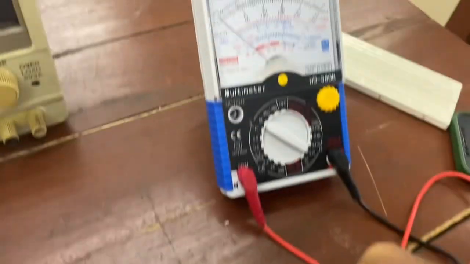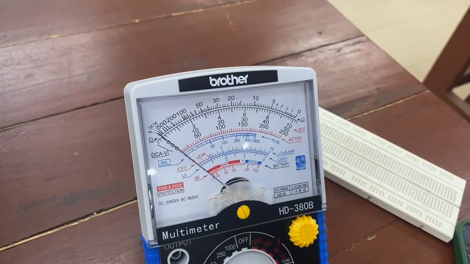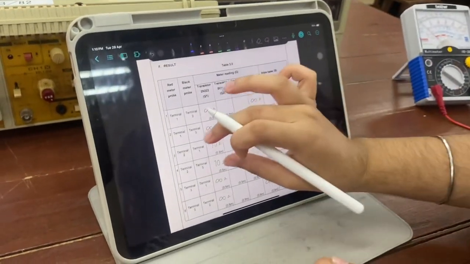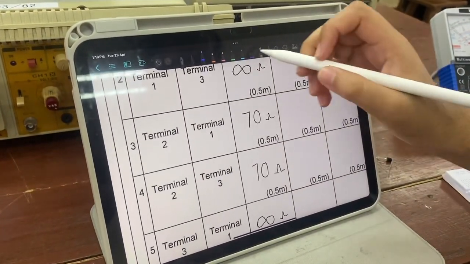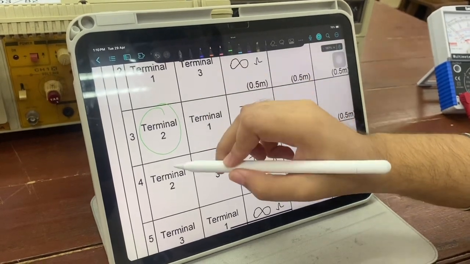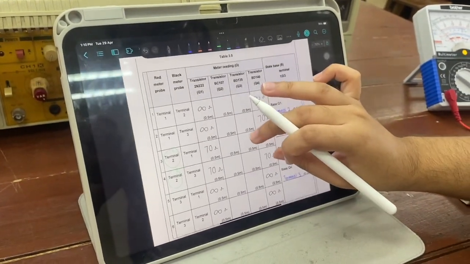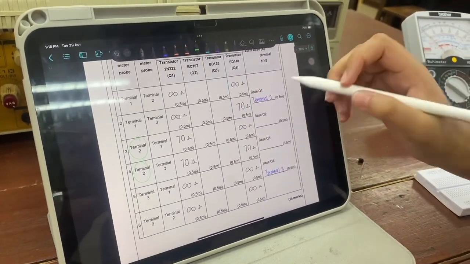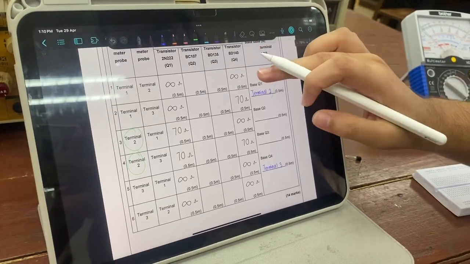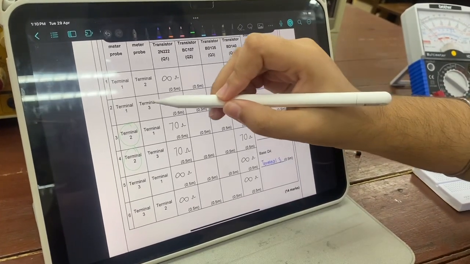The thin base allows most of these electrons to be swept into the collector, creating a large collector-to-emitter current. The current directions are: IE flows out of the emitter, IB flows into the base, and IC flows into the collector.